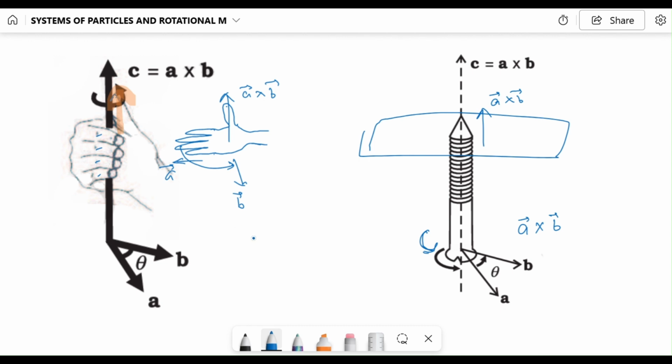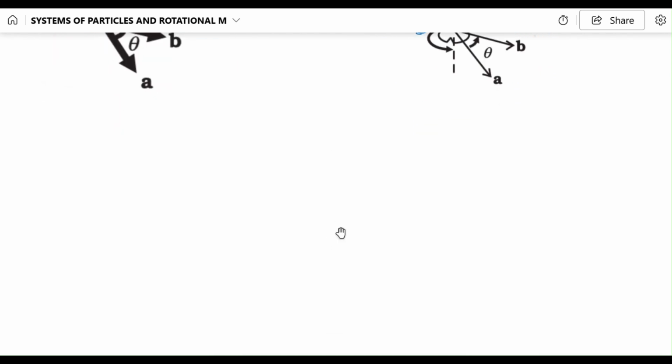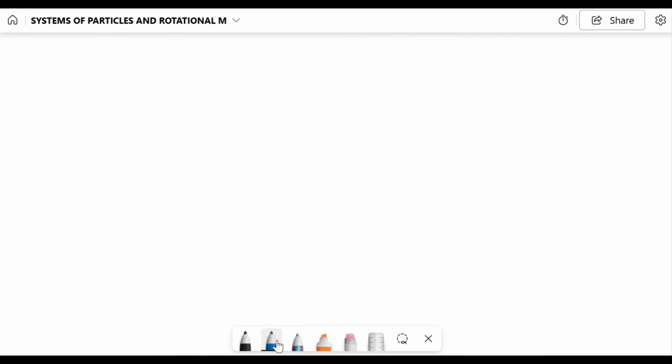Now let's study some properties of this cross product or vector product. This vector product is not commutative in nature, as the dot product was, where A dot B was equal to B dot A. But this is not the case here.